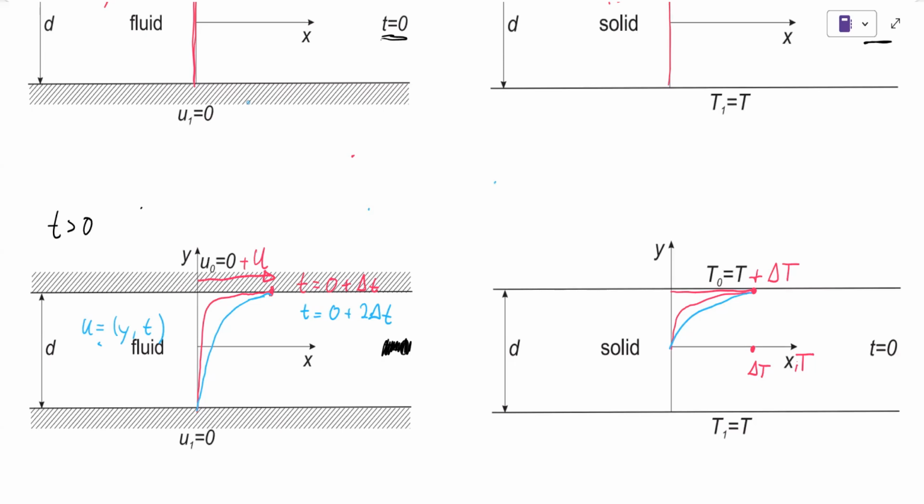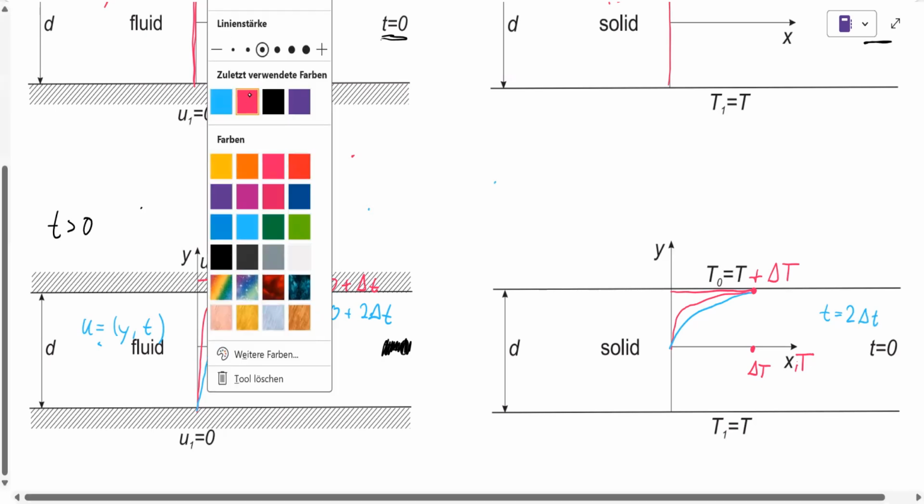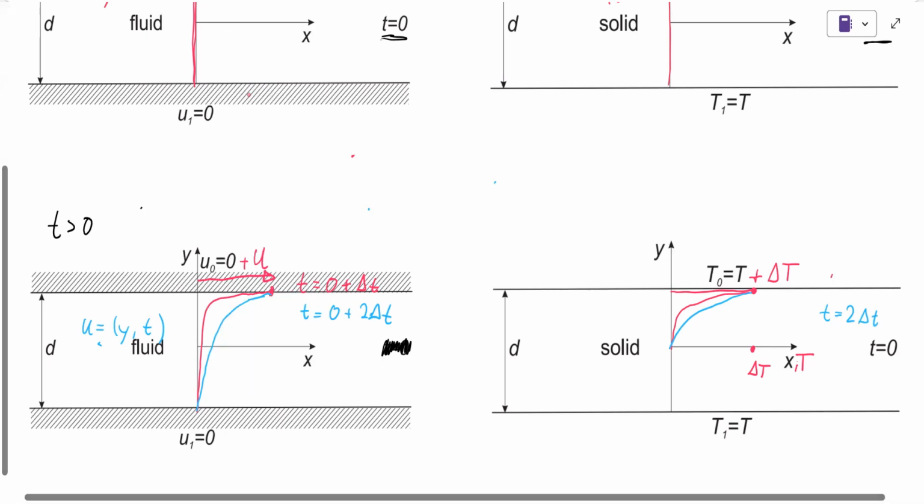If we look at a later point of time, so blue would be 2 times delta T and red is only 1 delta T, then we see that the temperature will spread through the solid.